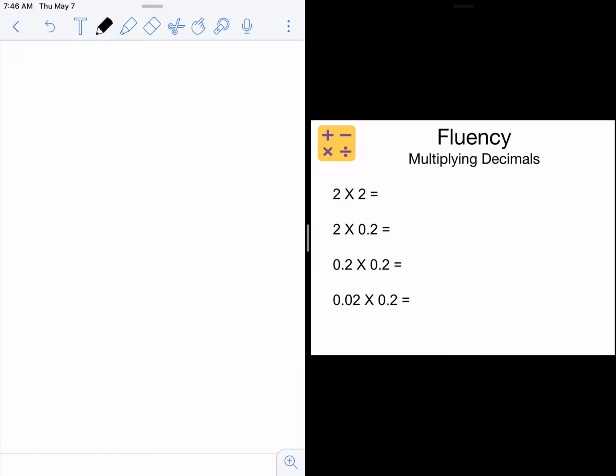So, for the first one, 2 times 2 is 4. 2 times 2/10 is 4/10. 2/10 times 2/10 is 4/100. And 2/100 times 2/10 is 4/1000. So we're going to discuss some patterns that we see in just a little bit.